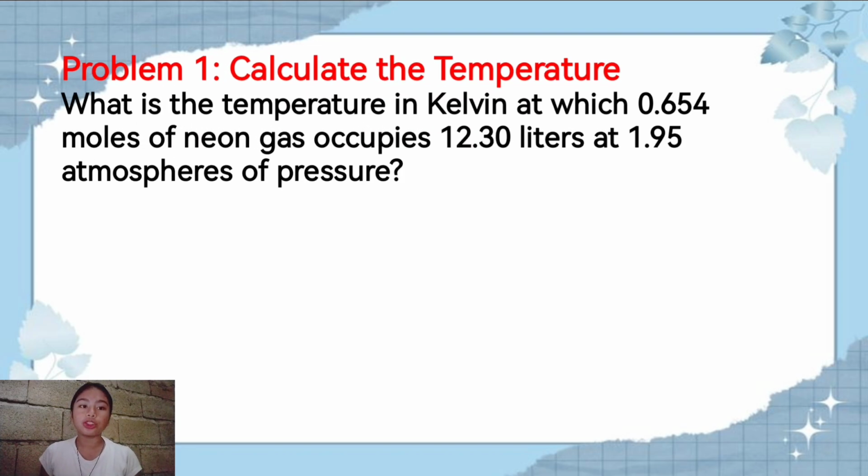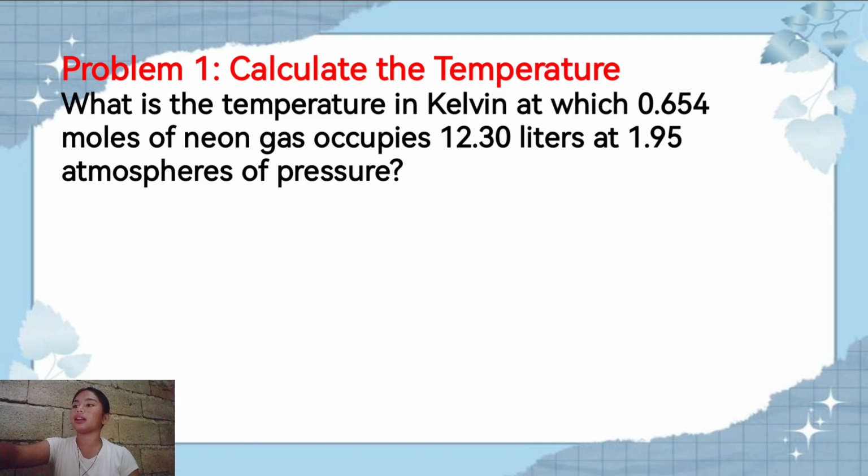So, for our first problem, we have to calculate the temperature. So, ang una nga problem is atong kuhaon ang temperature. What is the temperature in Kelvin at which 0.654 moles of neon gas occupies 12.30 liters at 1.95 atmospheres of pressure?